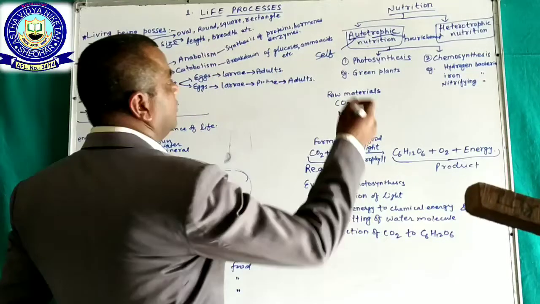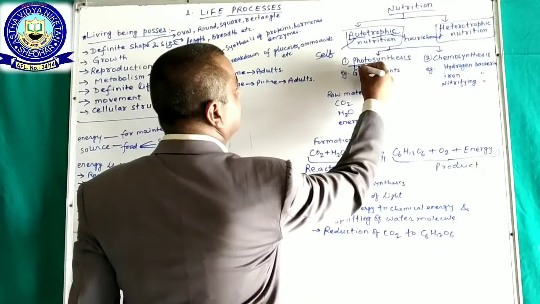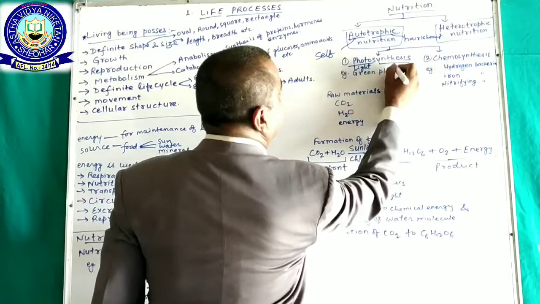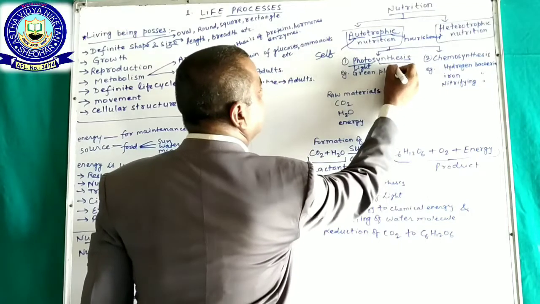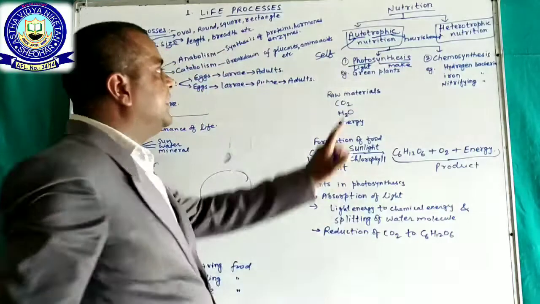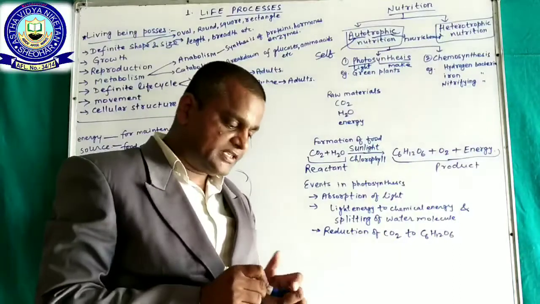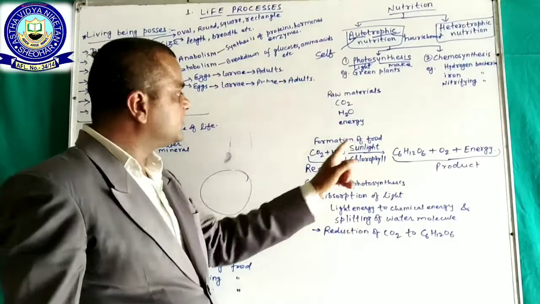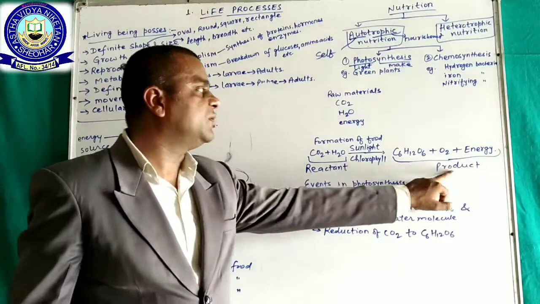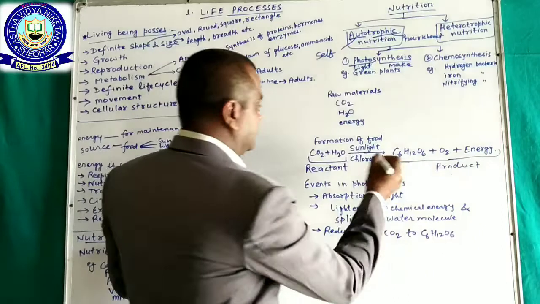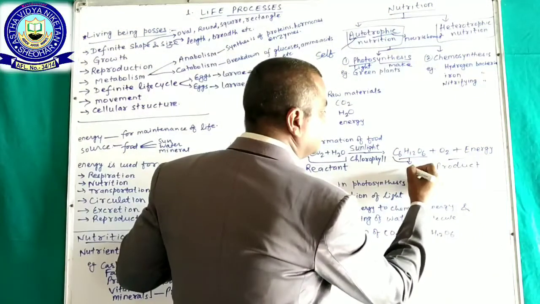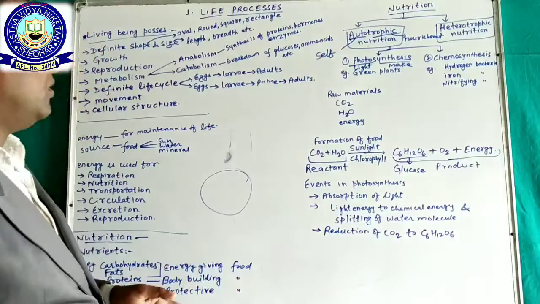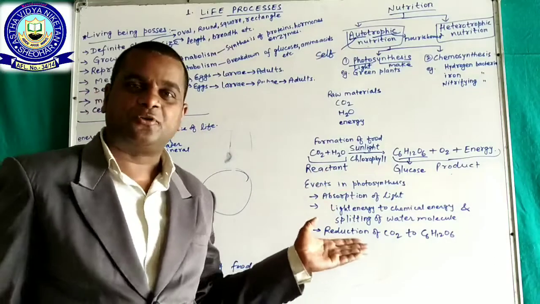Photo means light and synthesis means make. In the presence of light something is made, that is called photosynthesis. Now, the formation of food: reactant, and that is the product. It is called glucose. Glucose is formed.